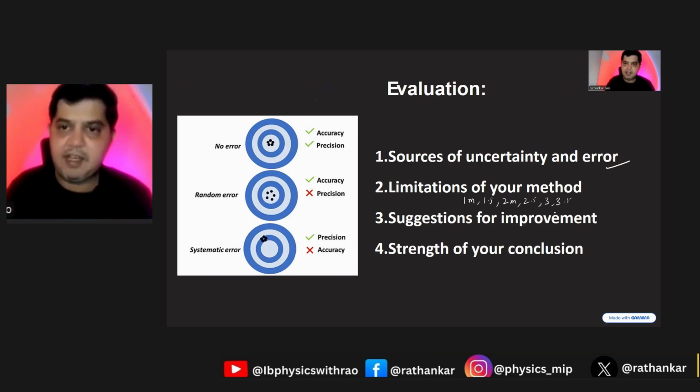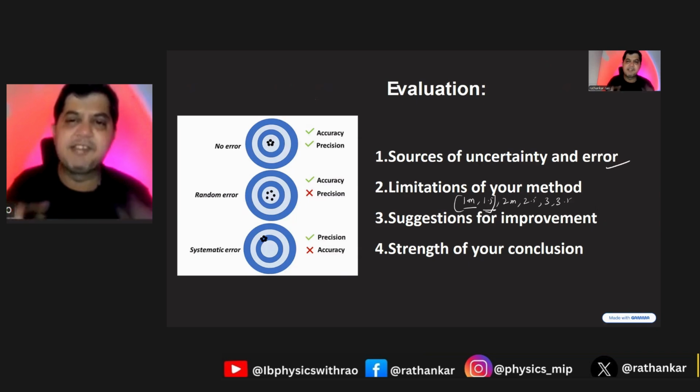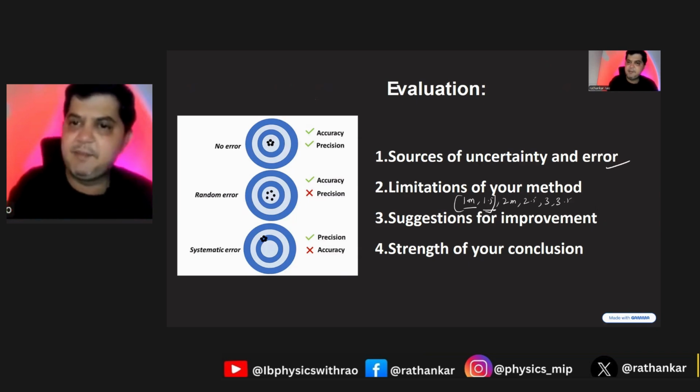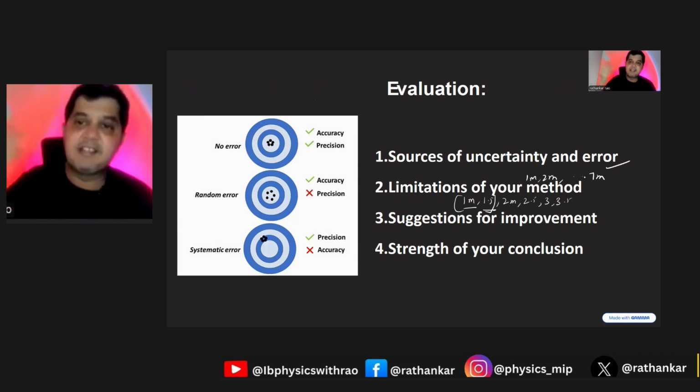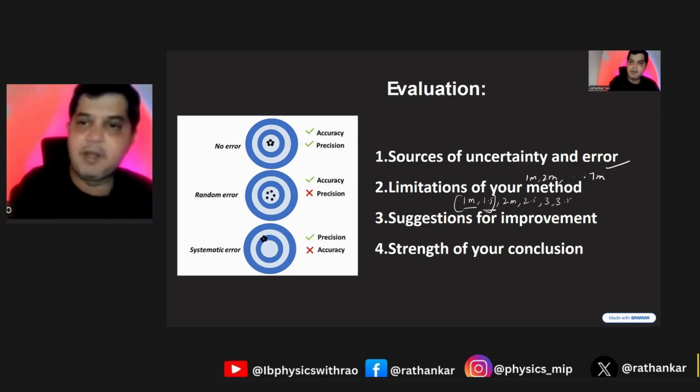Okay, and I observe that for heights of 1 meter and 1.5 meter, or maybe between any two consecutive trials, I'm not getting much of a difference. I'm getting almost the same one. You can mention this. Maybe if I had done this with experiments of 1 meter, 2 meters, until 7 meters, a larger number of observations at larger heights, I would have got it properly, but unfortunately, you're not able to do it. That could be one of your limitations.